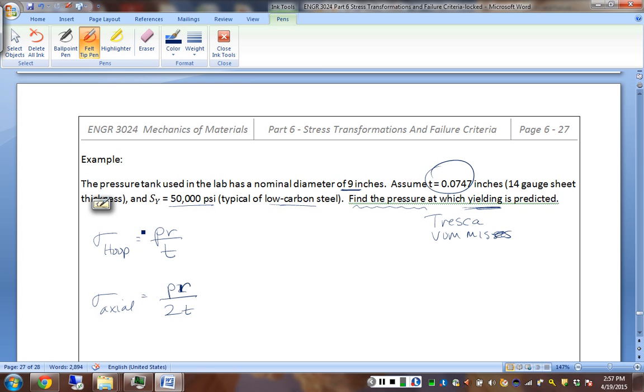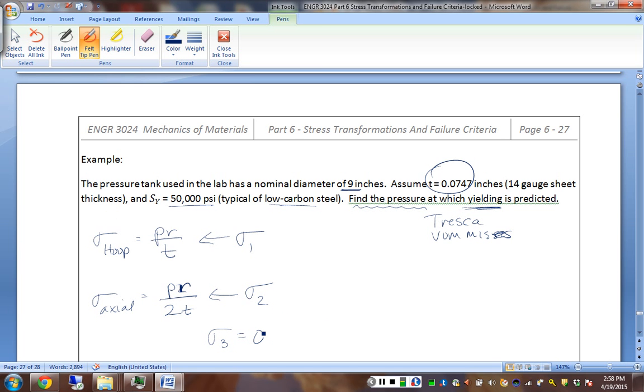Because this hoop value is the larger value, we know that's going to be sigma 1. Both of these values are positive because both are tensile if we're pressurizing this structure. So this is sigma 2, and our sigma 3 has to be 0.